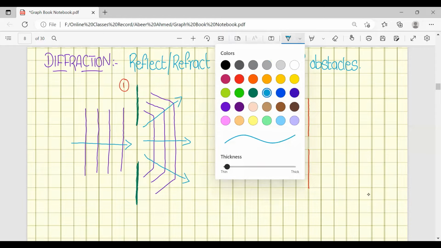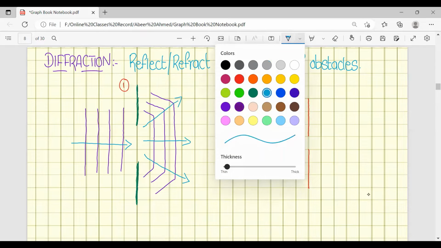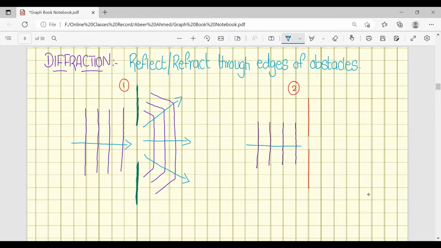And if we want to observe the same phenomenon in the second situation, how are waves going to travel from the obstacles? Any idea?